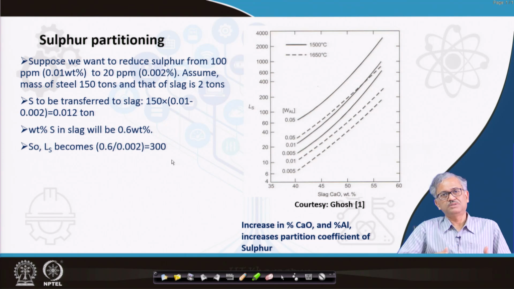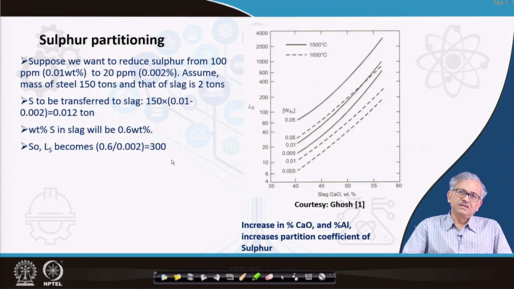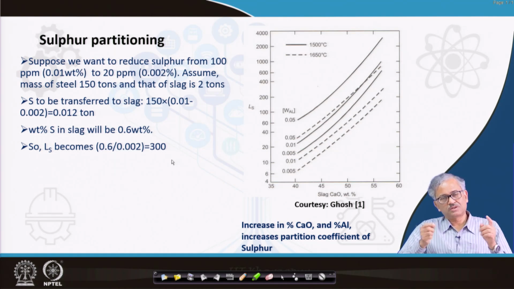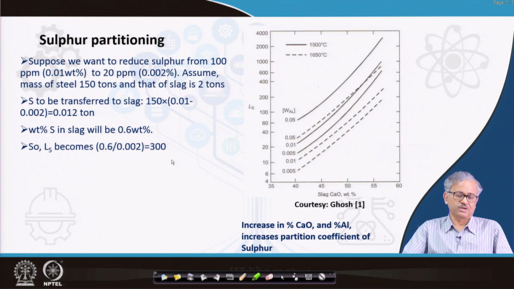If it is completely, instantaneously mixed, mass transfer does not have any role to play. But in any real reactor, all the processes are high temperature processes, so chemical kinetics does not play much role, but mass transfer does.